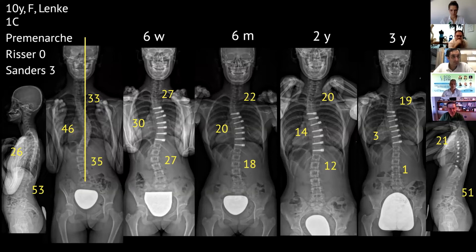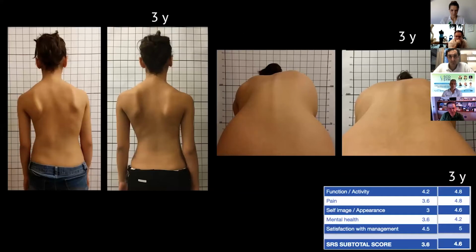But at 6 months, 2 years, and 3 years, we had a very nice spontaneous correction, not only in the main thoracic curve but in all 3 curves. Here are the clinical pictures of this patient. As you can see, there is no scar incision at the back.